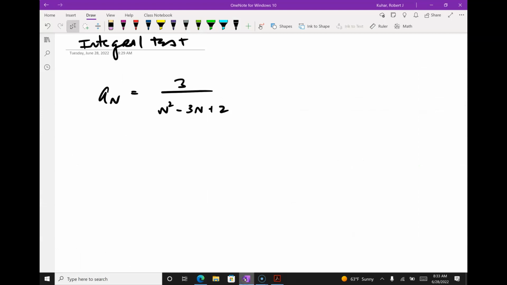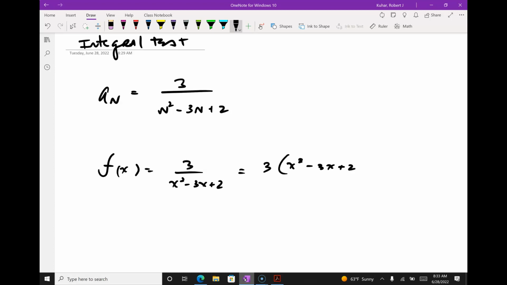How can we take that derivative? This is 3 times x squared minus 3x plus 2 to the negative 1. So the derivative is pretty quick. It's negative 3 times x squared minus 3x plus 2 to the negative 2 times the derivative of the inside, which is 2x minus 3.